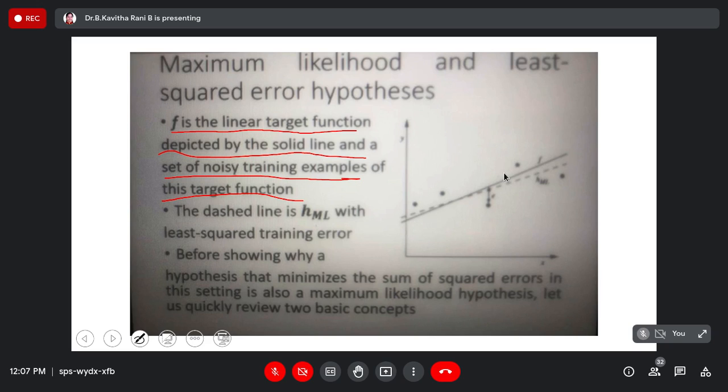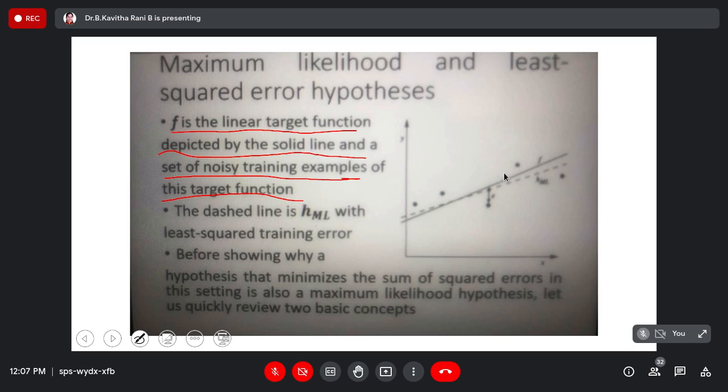Okay, the dashed line is the maximum likelihood hypothesis with least squared training error. After predicting the data, డాటెడ్ లైన్ ఏదైతే వచ్చిందో అది మాక్సిమం పోస్టీరియర్ హైపోథసిస్. అంటే ఆ పర్టికులర్ హైపోథసిస్ మన ట్రైనింగ్ డేటాకి సూట్ అవుతుంది.